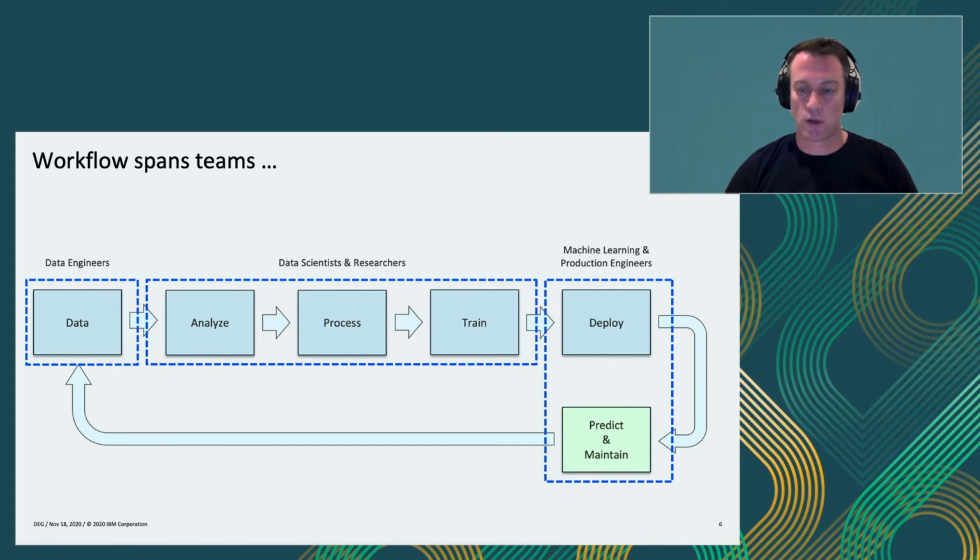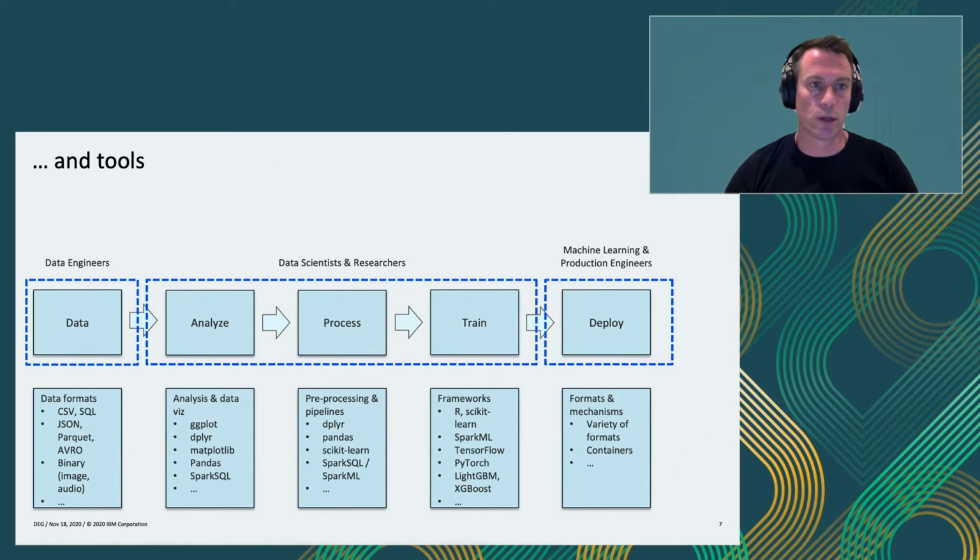There's a lot of potential conflict that comes between these teams, and also a wide variety of tools that are being used. So there's a wide variety of both standard and non-standard data formats for analysis and data visualization, as well as the machine learning and data science toolkits and frameworks.